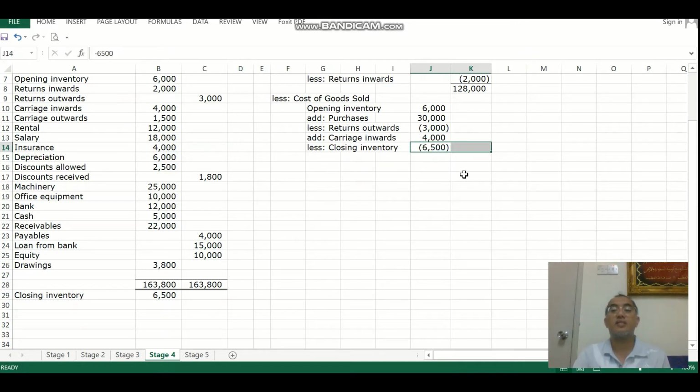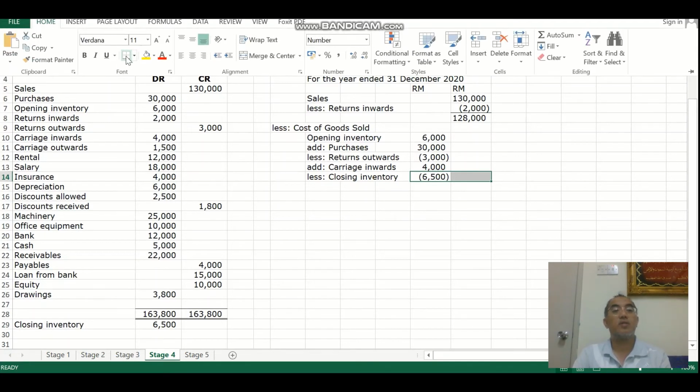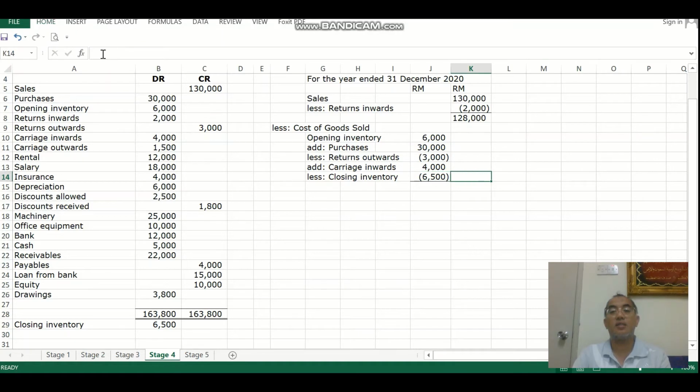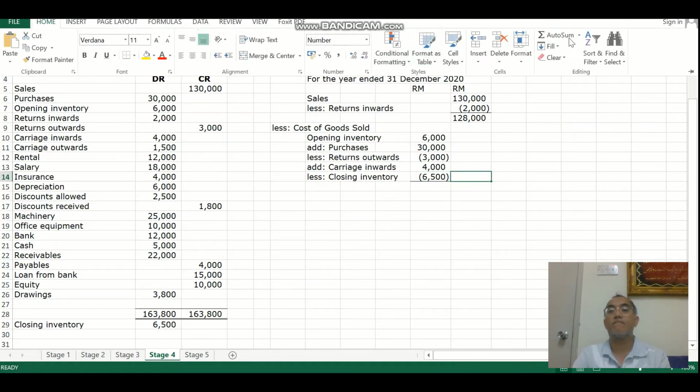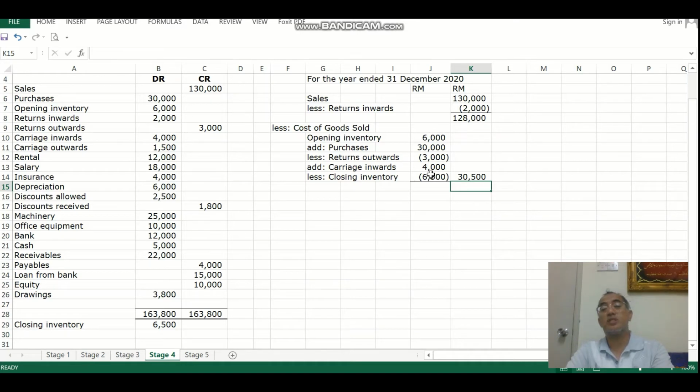Okay, now let's calculate the total of cost of goods sold. So let me do the line, and so my cost of goods sold is 30,500. Okay, because sales need to minus the cost of goods sold.